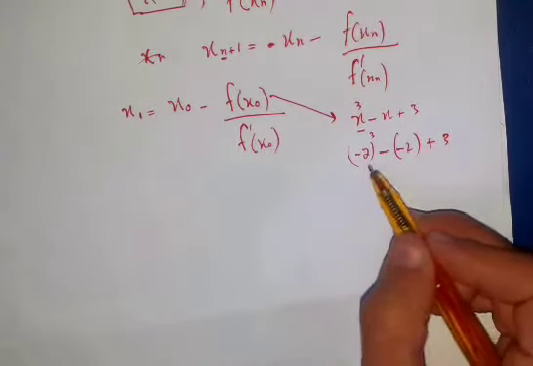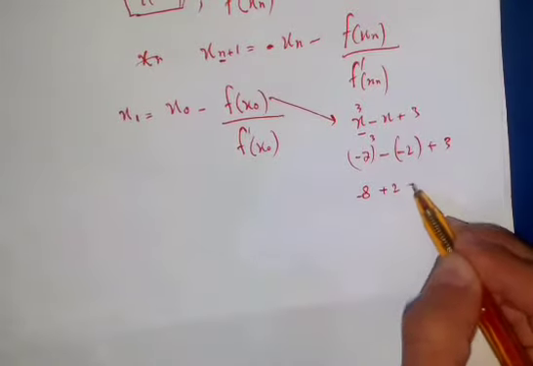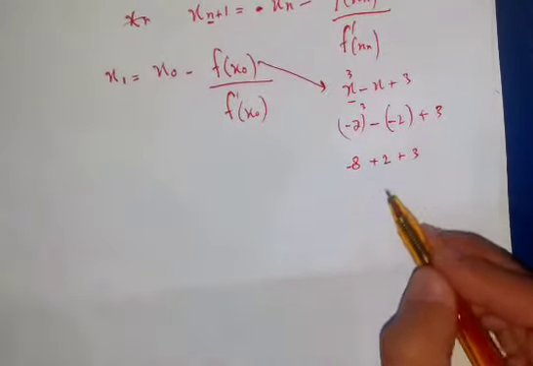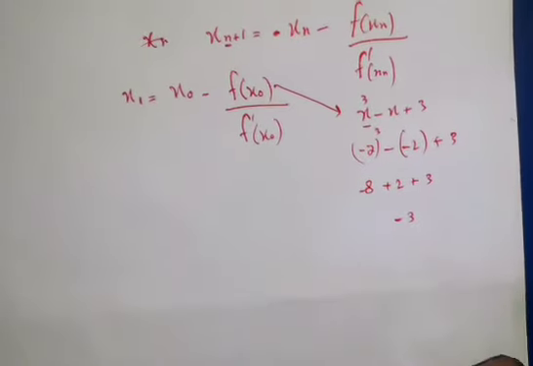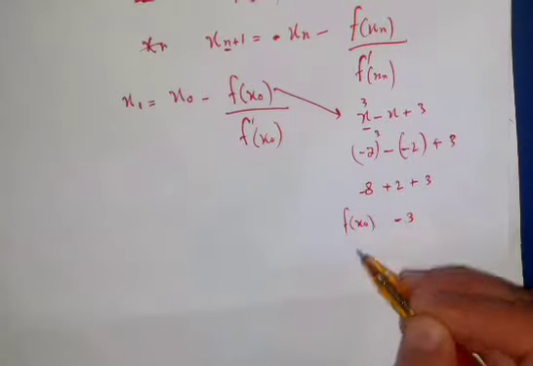If I solve this further, it becomes minus 8 plus 2 plus 3, which is minus 3. So the value of f of x naught is equal to minus 3.